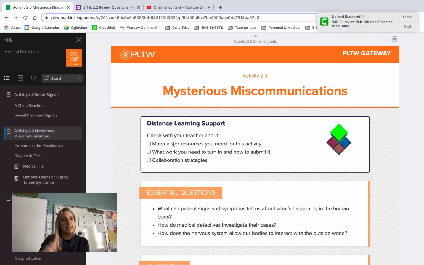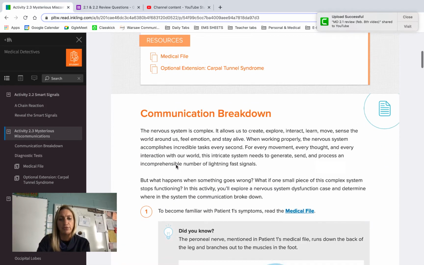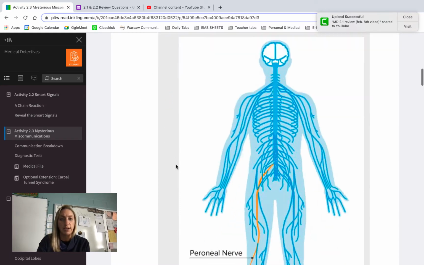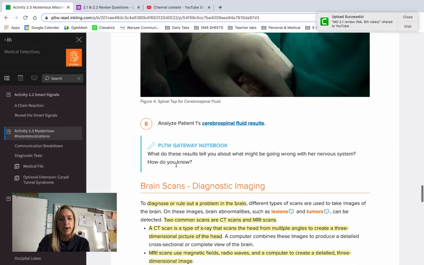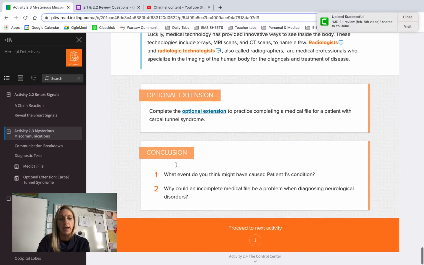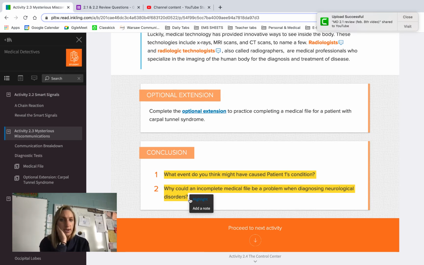Notice this is not a disease, it's a neurological issue. After you've read through there and understand what it's talking about, you're going to come clear down to the bottom of 2.3, and I want you to think through your answers for these 2 questions. You could even write them down and save them so that we can talk about them in class next time we are in class together. So that is what you're doing today.